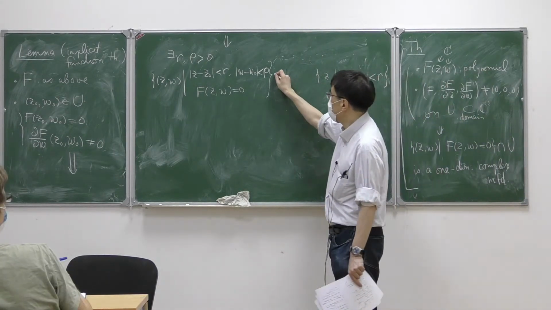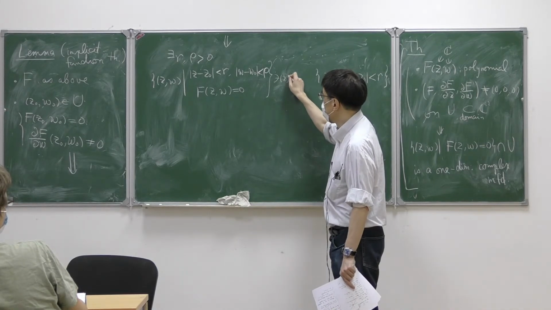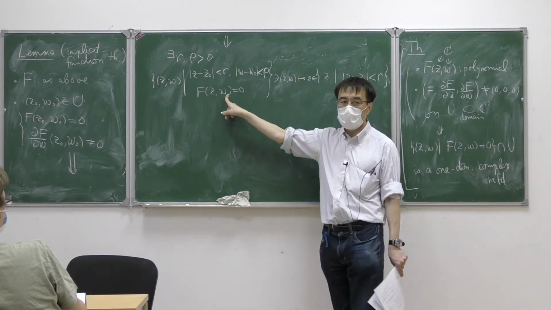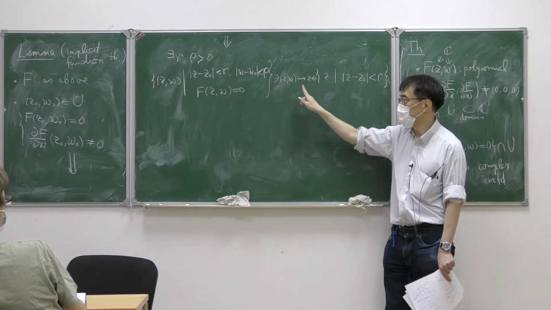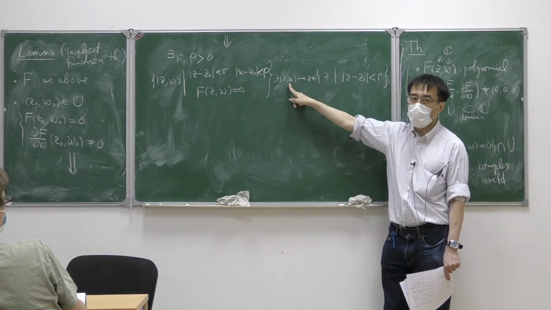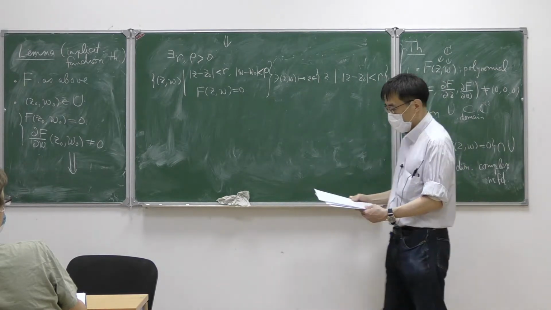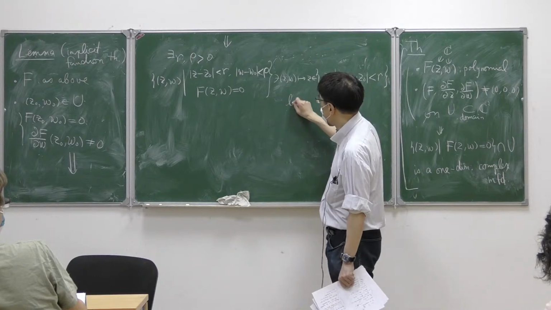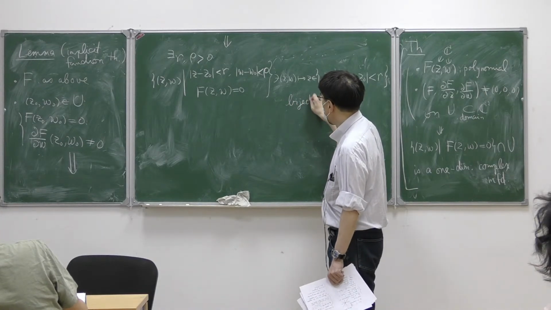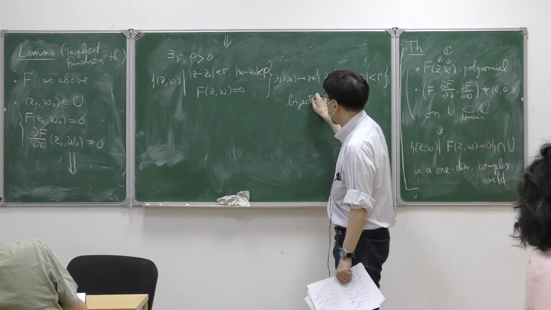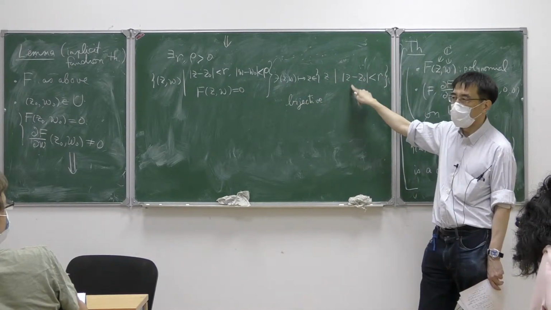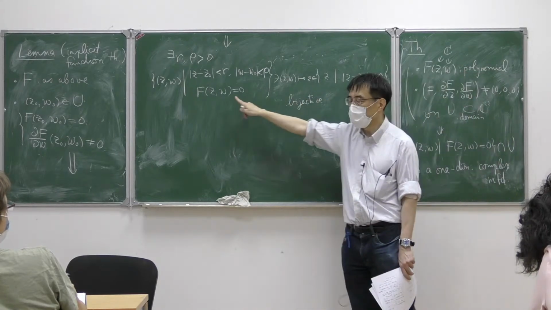Then the projection from here to here, just taking the first coordinate, is bijective. So if we take z here, then we can find w here.